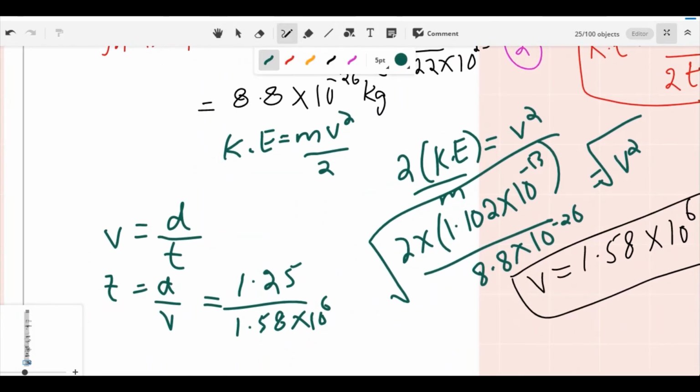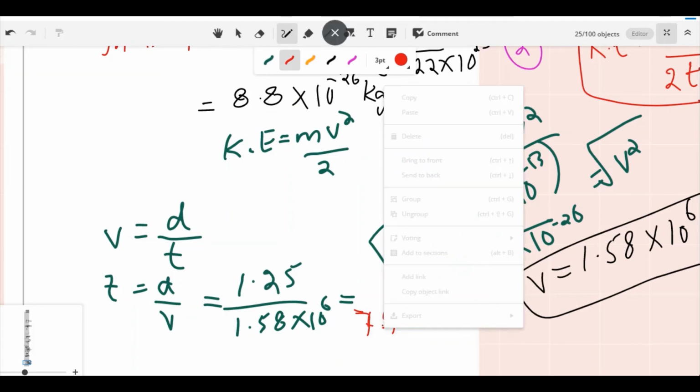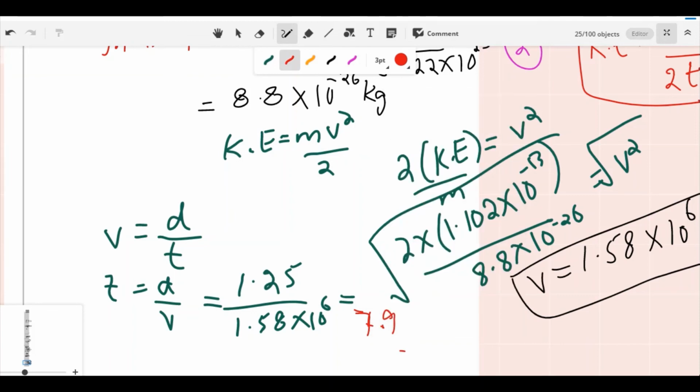So that will equal 7.9 times 10 to negative 7.